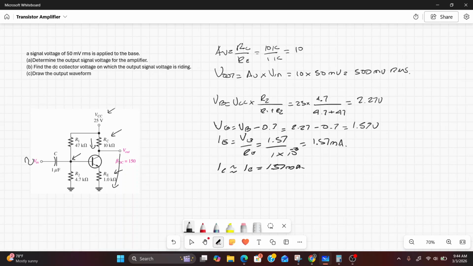So what is the voltage? Voltage of the collector is equal to VCC minus the voltage drop across the resistor of the collector, which is 1.57 milliamps times 10 to the minus 3 times 10 times 10 to the 3.